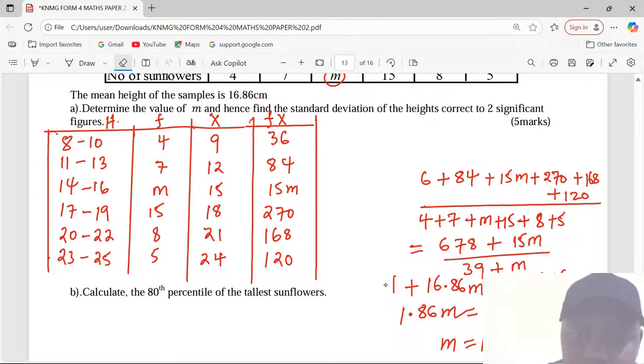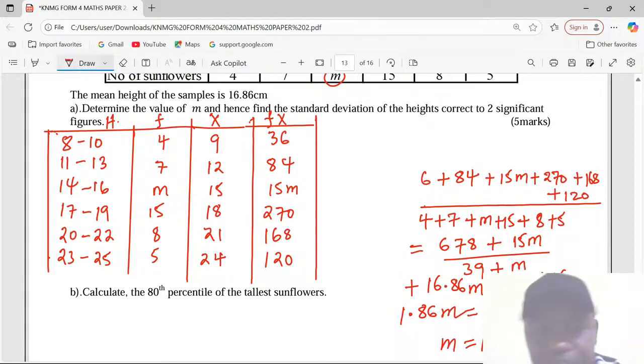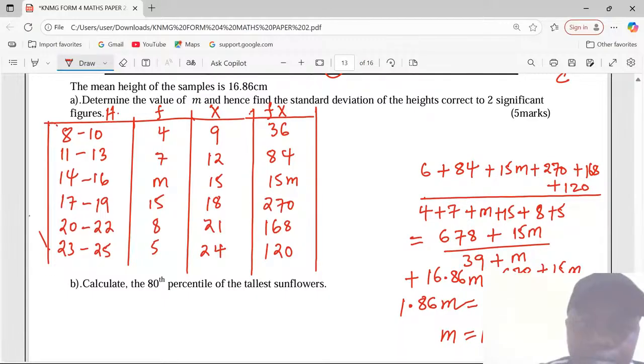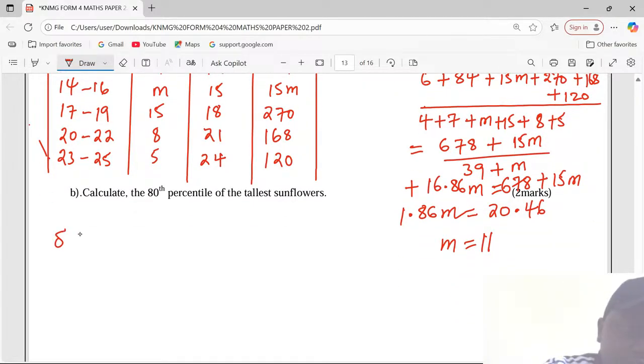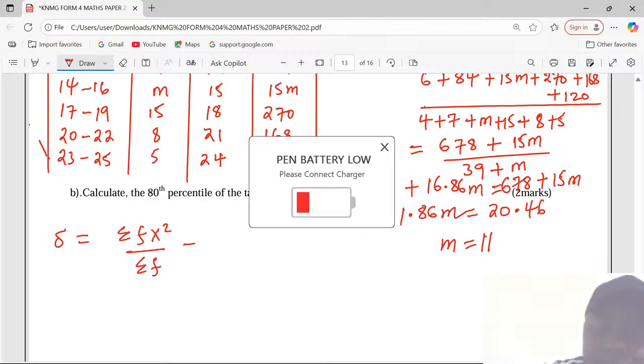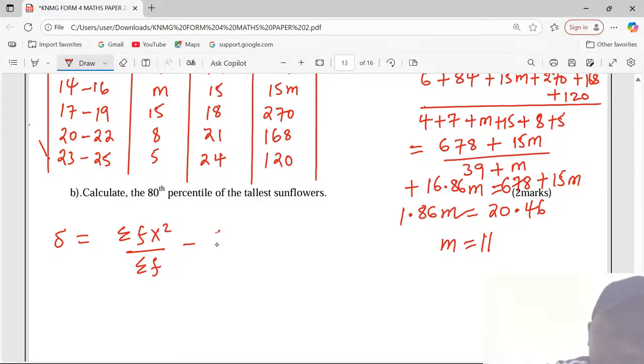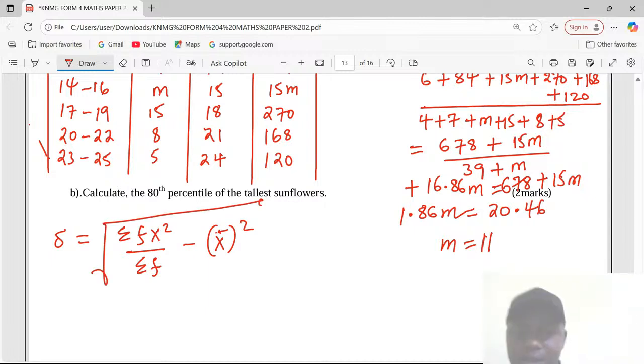We shall say that we need now f of x squared, because standard deviation shall be given by the square root of summation of f of x squared over summation of f, minus the mean squared. That shall be the standard deviation.